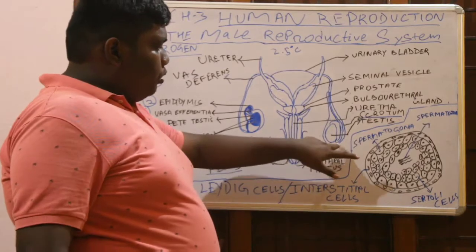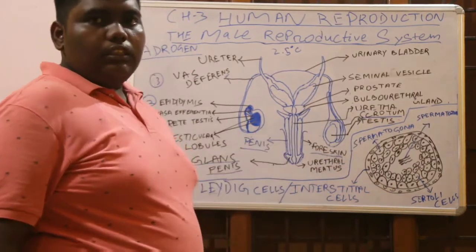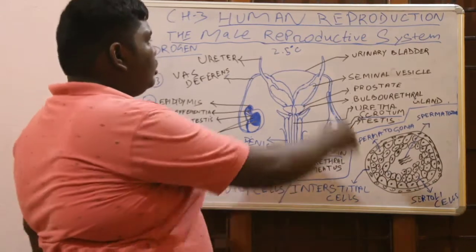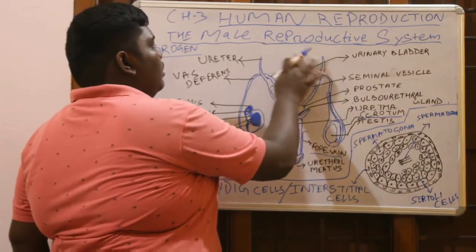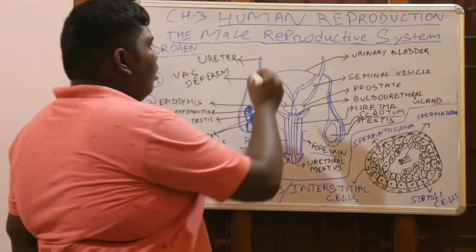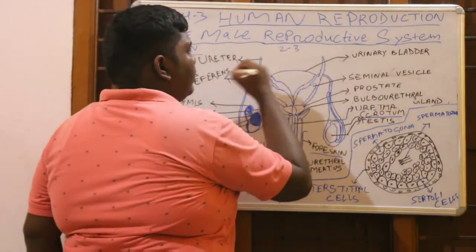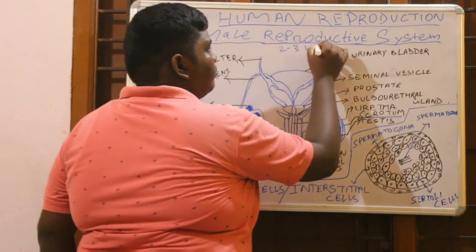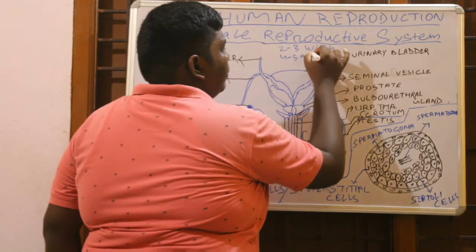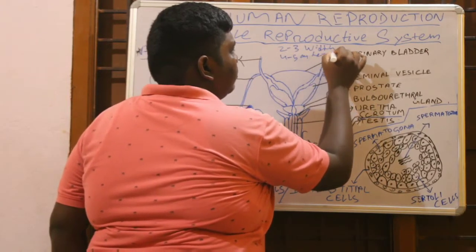Now the scrotum contains the testes. These testes are oval-shaped structures in human beings, 2 to 3 centimeters in width and 4 to 5 centimeters in length.